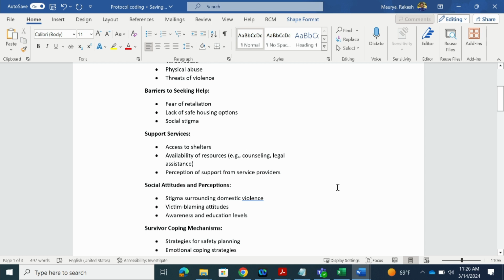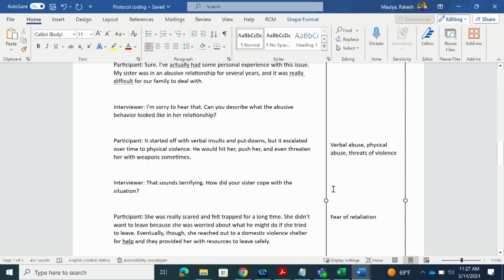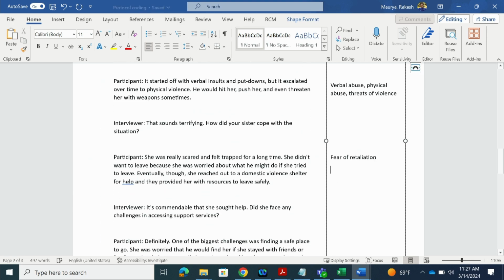So this person got in touch with these support services. They provide shelters and guidance to survivors of domestic violence. So access to shelter also fits in here.